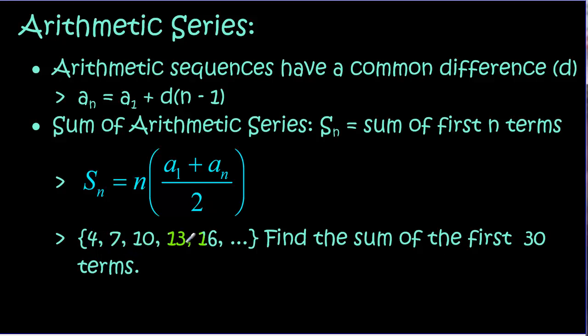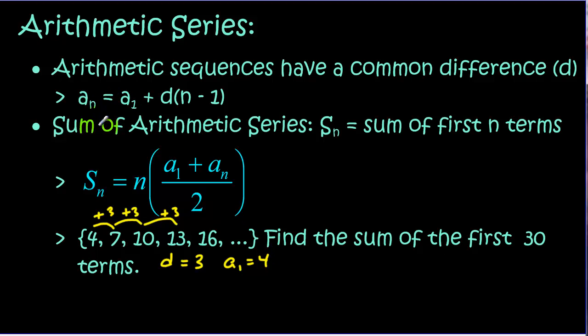So if we want to find, say, the first 30 terms in this arithmetic sequence, first we can verify that it's arithmetic because we're adding 3. Add 3. Add 3. So our d value is 3. And our first value is 4.